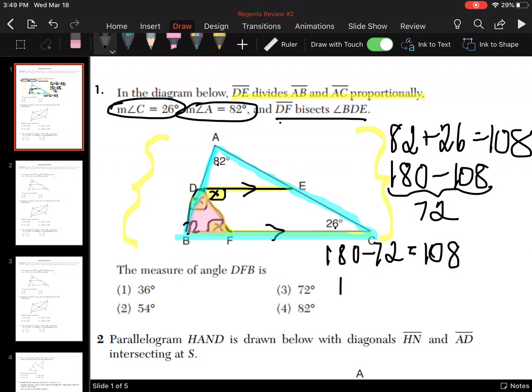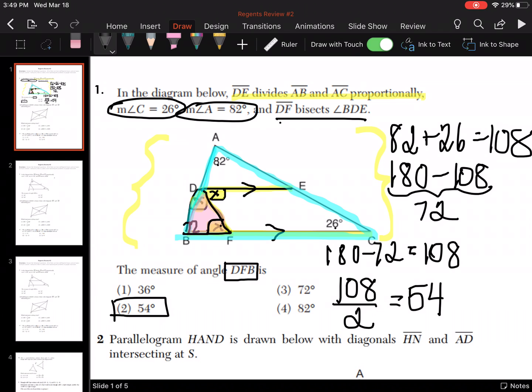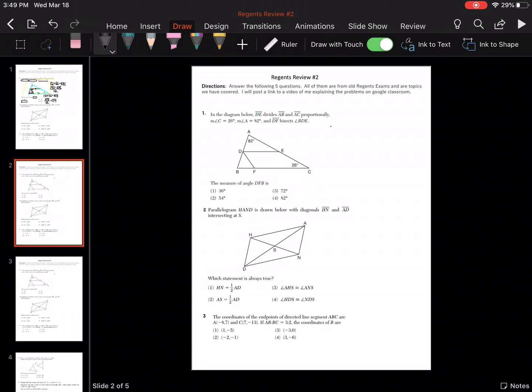But those two angles have to be the same, so I have to take that 108 and cut it in half. So each one of those angles has to be 54 degrees. Now the question asks for DFB. So DFB is this angle right here, and that angle is 54 degrees. So that's number one. Now I'm going to go to number 2.